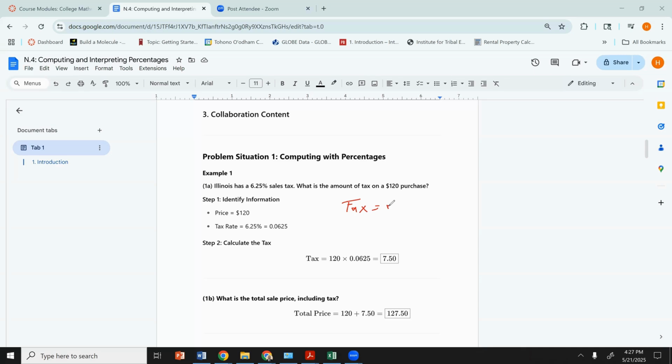So you're buying something in Illinois, which has a certain tax rate, and you multiply the original price times the tax rate, okay?